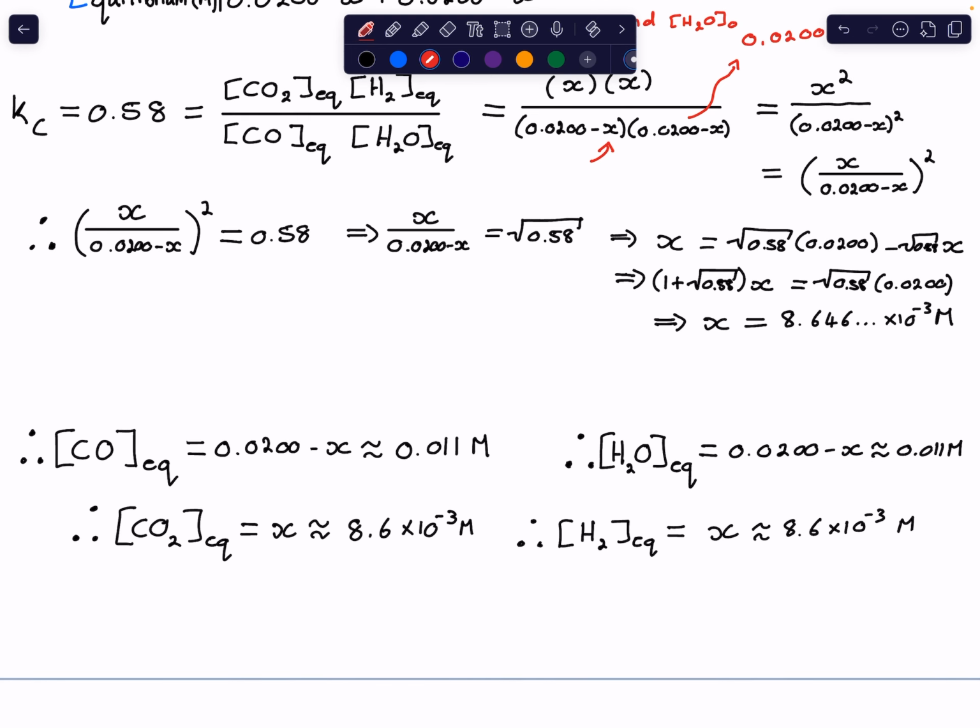And you can see that in this calculation, if you subtract this x from 0.02, you get something that is significantly different from 0.02. If we were to do this calculation in the end and, after the rounding, we got the same answer, it would have meant that we could have done the approximation. That's in general your test.